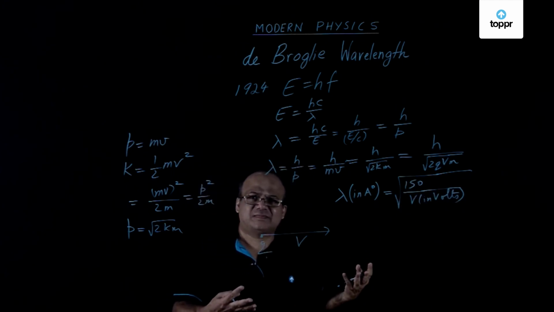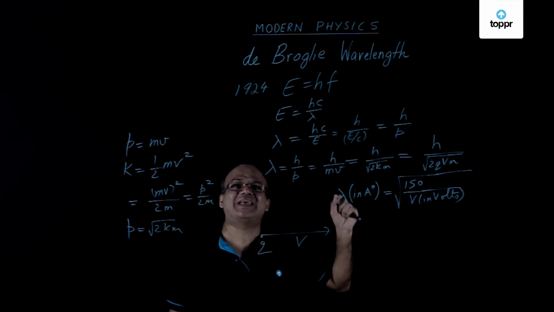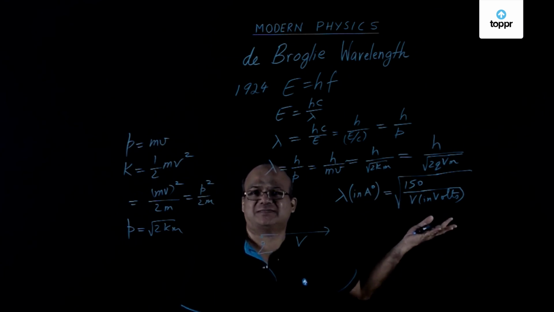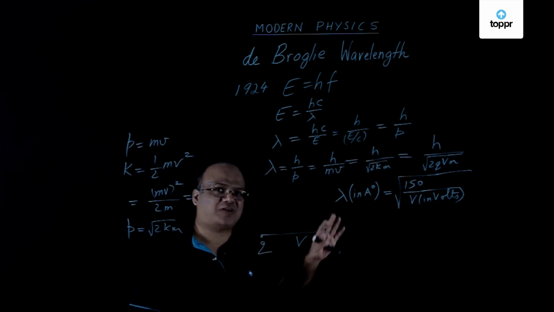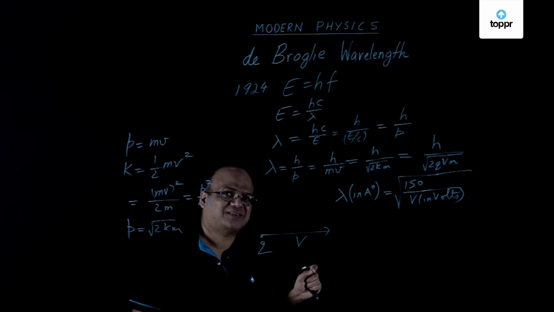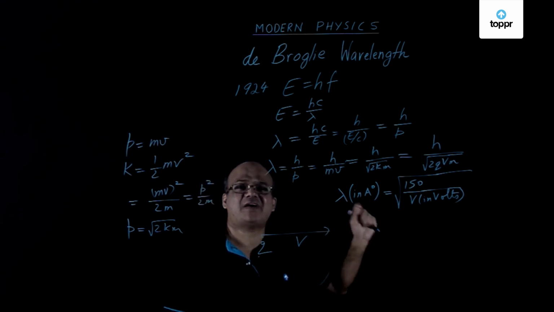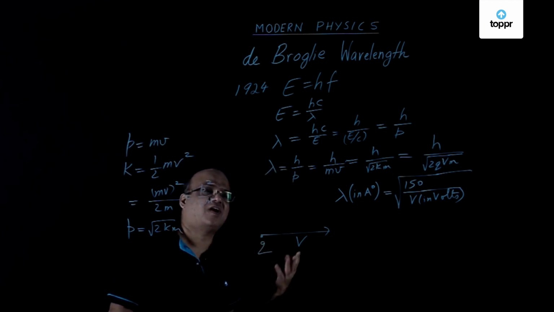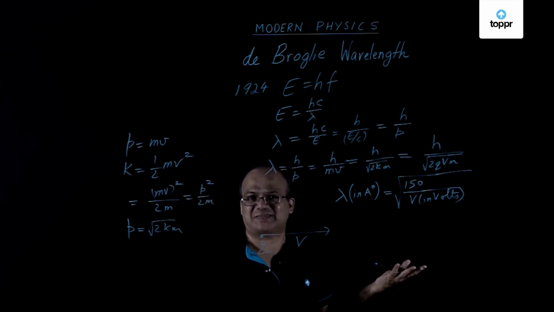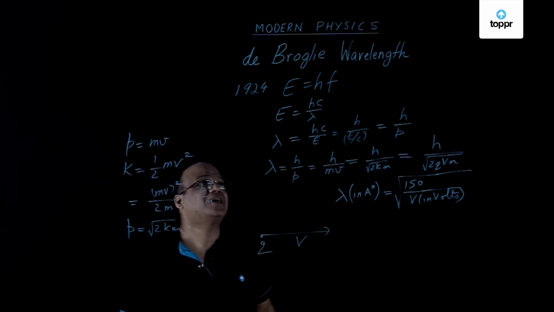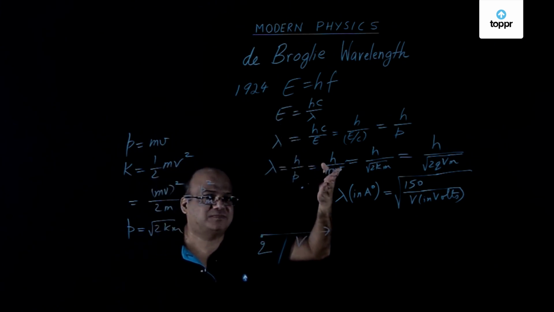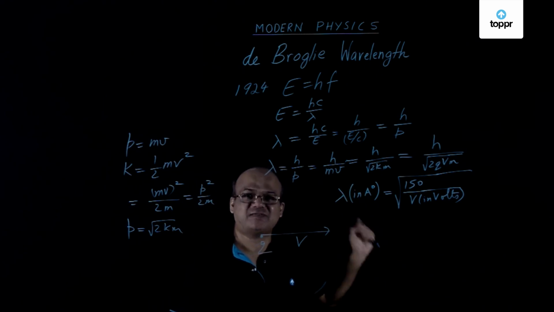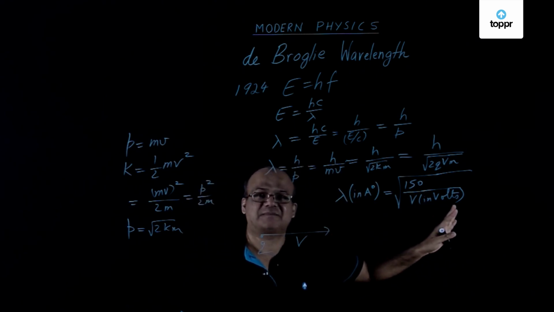So in this lesson, we learnt about de Broglie wavelength, the wave property of matter. Louis de Broglie suggested that if light can have both wave and particle properties, electrons also must have wave properties. And for this, he used this analogy: lambda equal to h by p. h is Planck's constant, p is momentum.